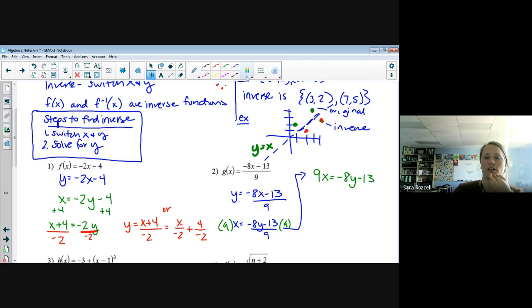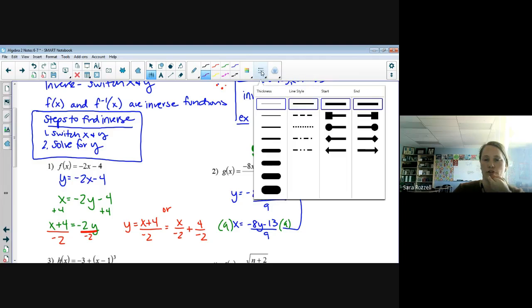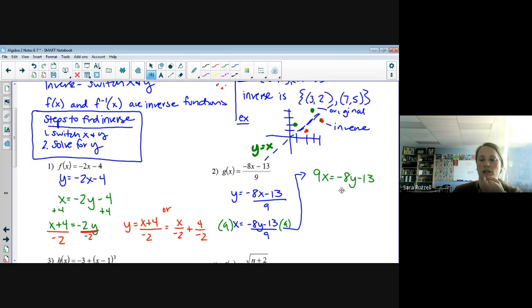I bet y'all can finish this no problem without me, but I'll make sure we're all clear. What's going next if we want y by itself? The 8 or the 13? The 13. We're going to add 13 to both sides. These are not like terms, so 9x plus 13 equals negative 8y. And then what gets divided?